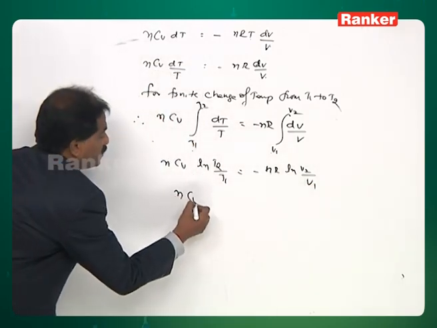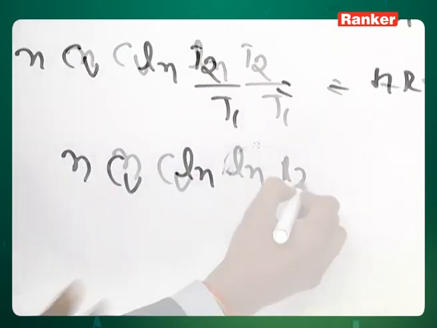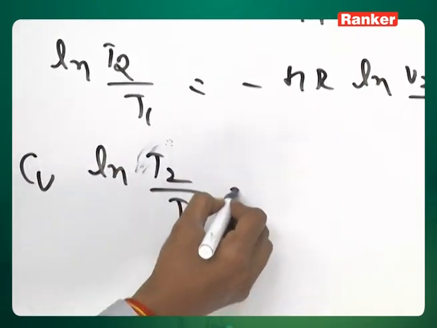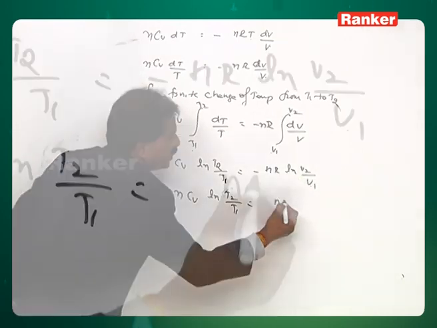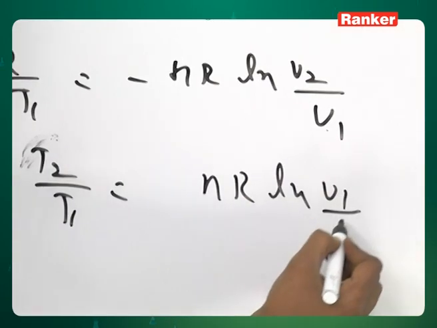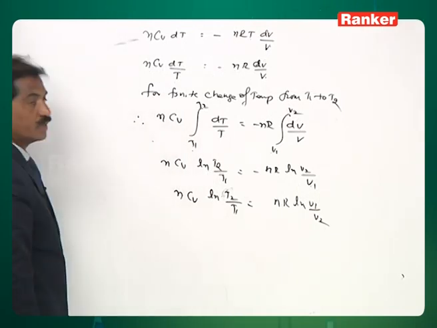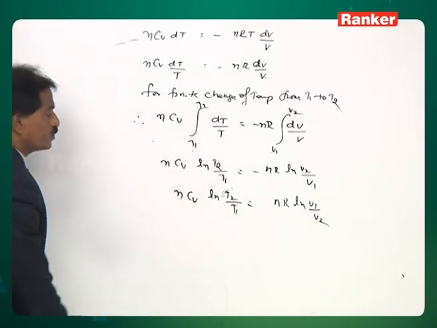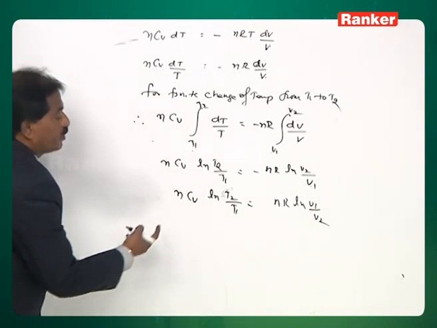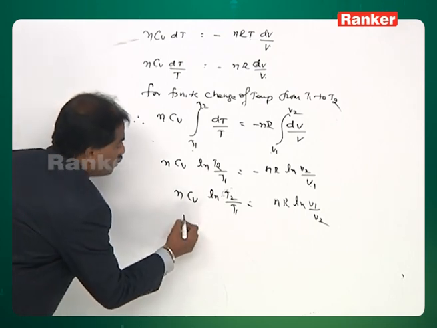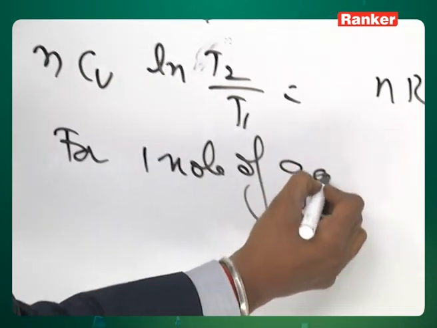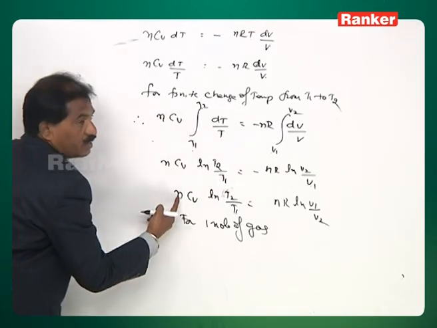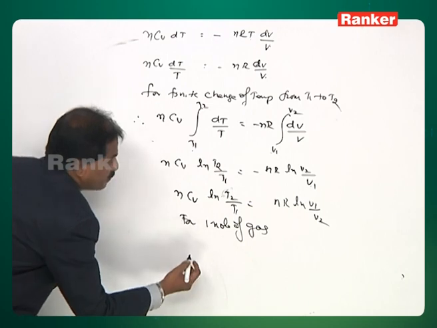Next, nCv ln T2 by T1 is equal to, I'll bring V1 to the numerator. Therefore, expression becomes nR ln V1 by V2. Next, here, so for 1 mole of gas, this n becomes 1, this n becomes 1.